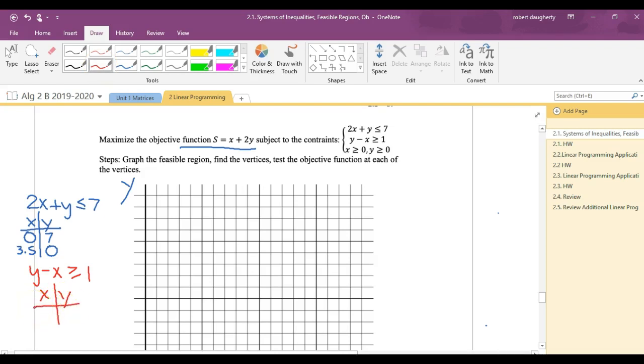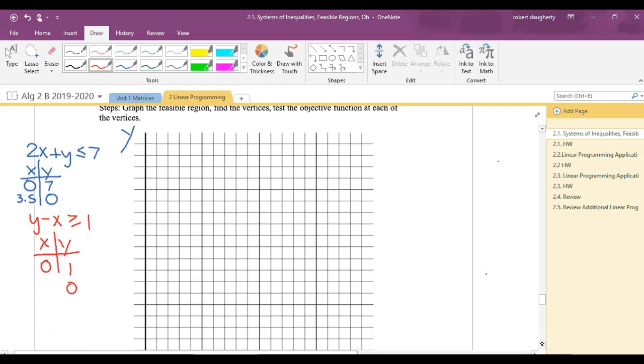If x is 0, what is y? 1. And if y is 0, what is x? -1. So this one, I'm drawing the line. That's outside my feasible region because x and y are positive, but it's okay. I'll be able to graph it.